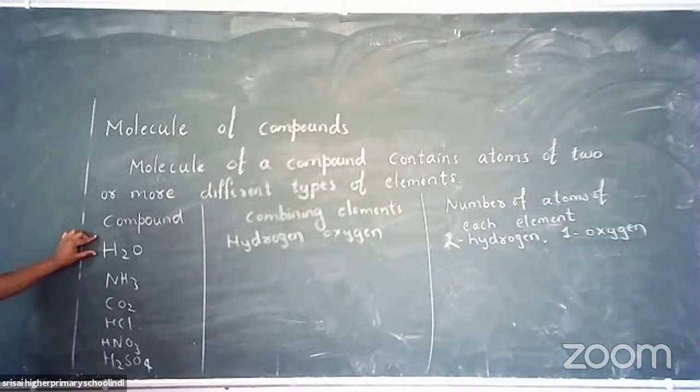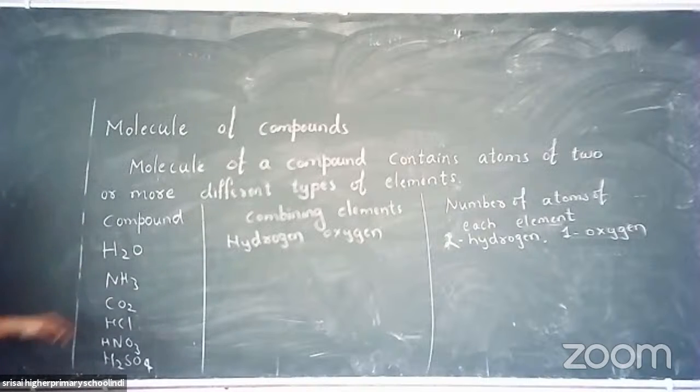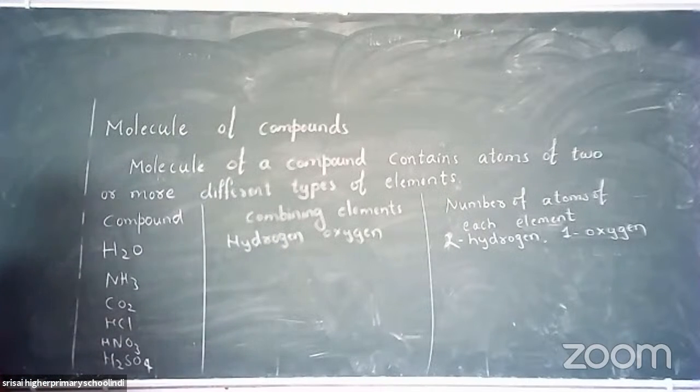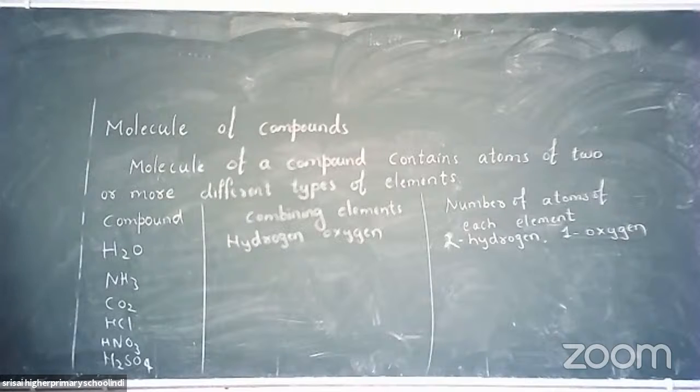H2O means water. NH3 means ammonia, then carbon dioxide, hydrochloric acid, nitric acid. Then the last one, H2SO4, means sulfuric acid.